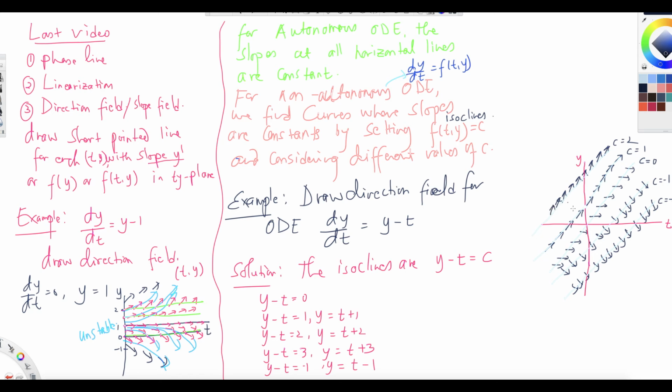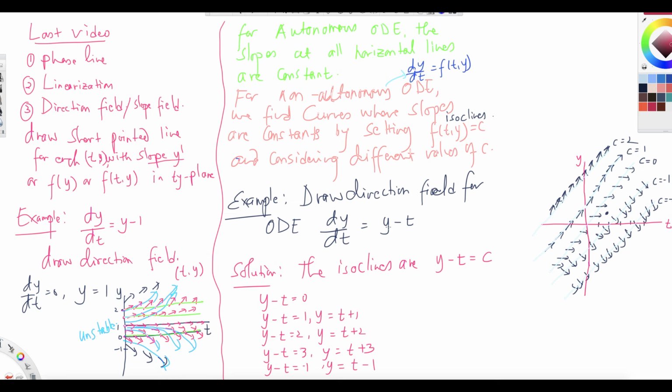And so on. Now, there are some points in between those isoclines. So how do I find out? For example, let's say 1, 2, 3, 4, 5, like that. Now let's say at (2, 1), how would the pointed line look? At (2, 1), t is 2 and y is 1. Plug in t is 2, y is 1.